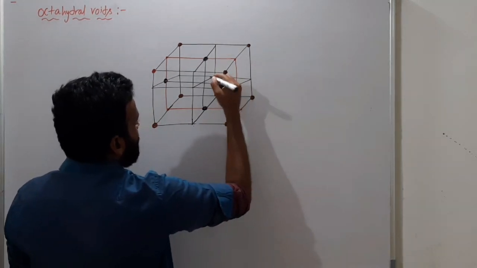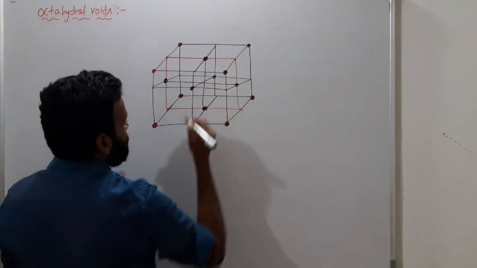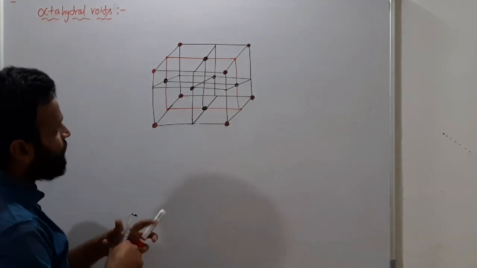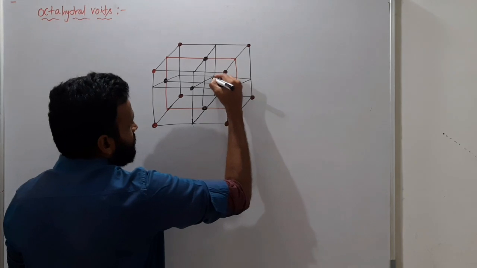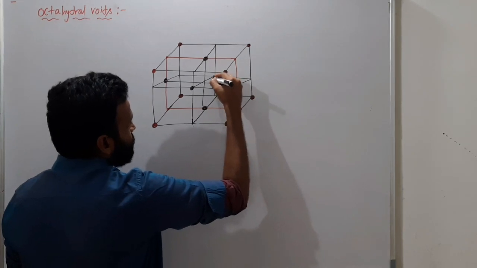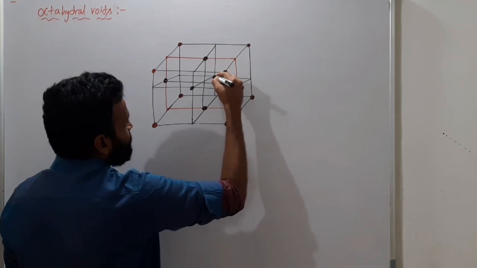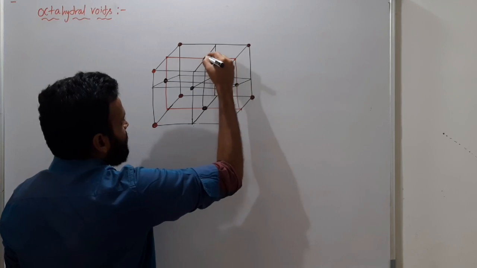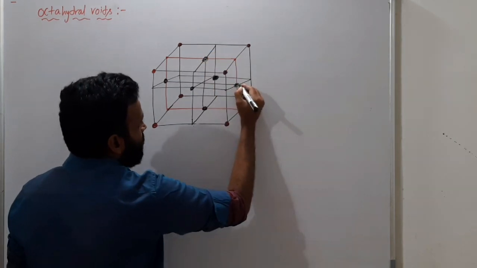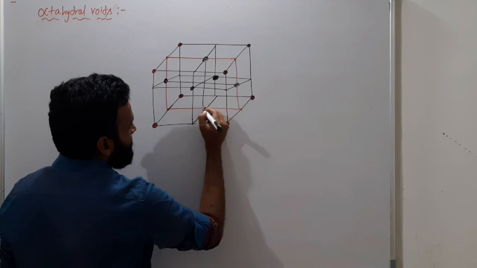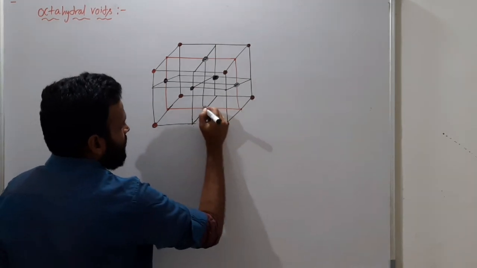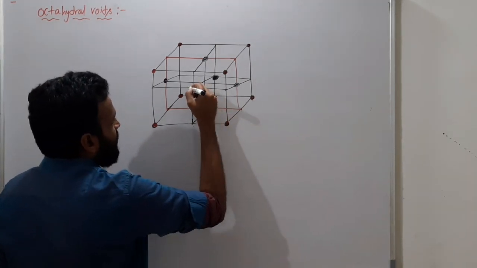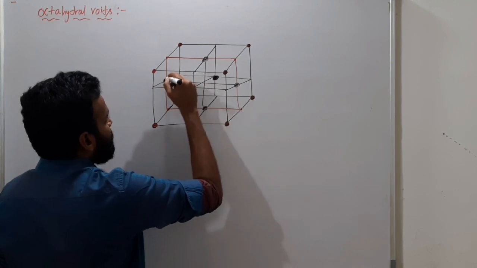Here you have a face center atom. Here you have a face center atom. So where you have face center atoms, join those two so that you will definitely have face center atoms. I will draw somewhat bigger like this. Right? This one and this one and this one here.